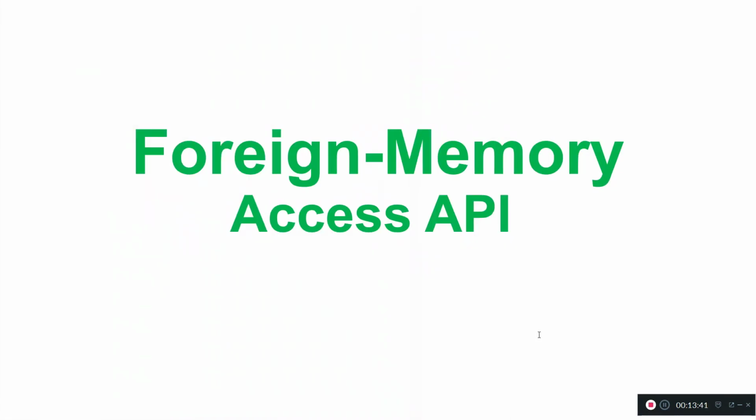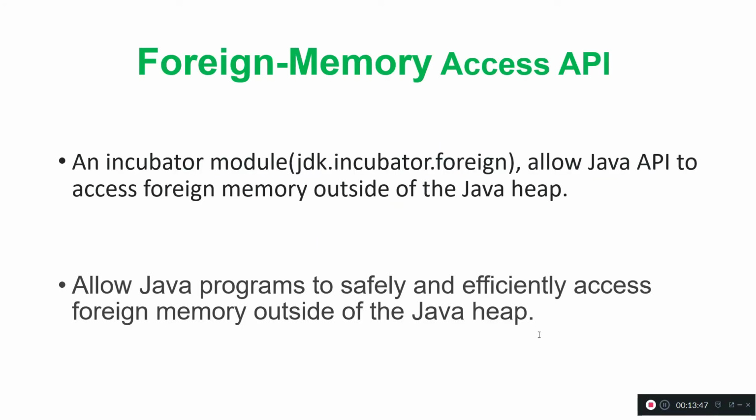Coming to the next, foreign memory access API. When you are writing classes, the classes or the objects use Java heap memory, allocated by the JVM, but you can write a program using the provided API, so that your program can access foreign memory outside of heap.